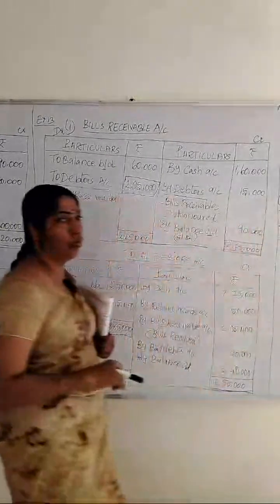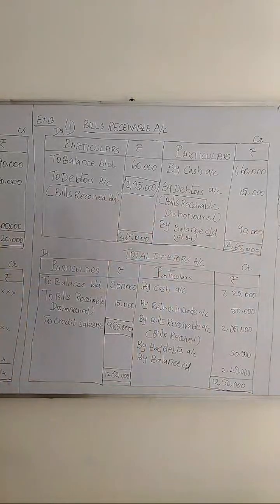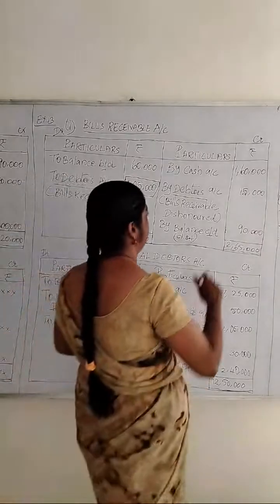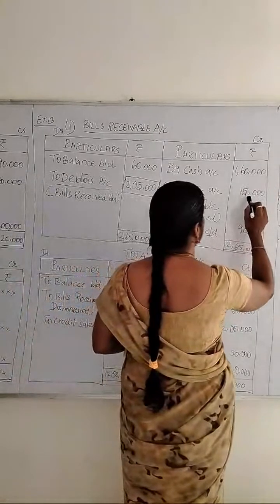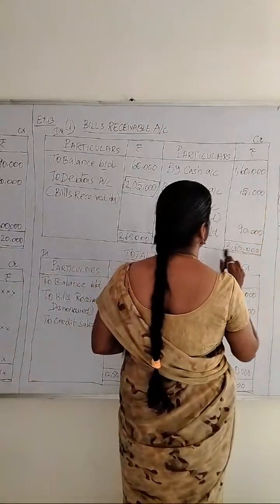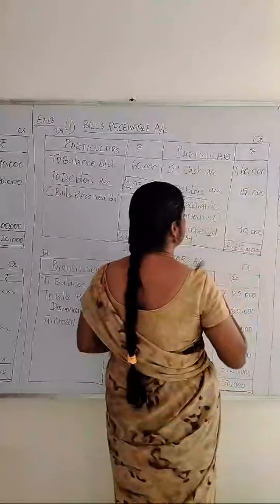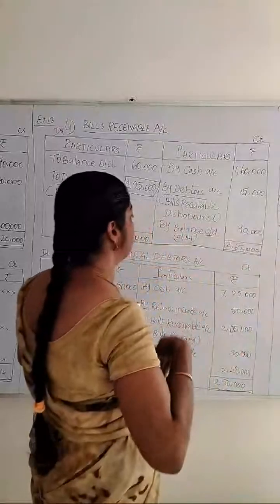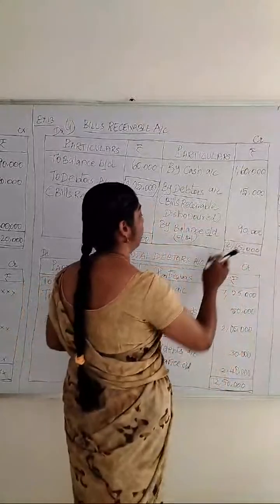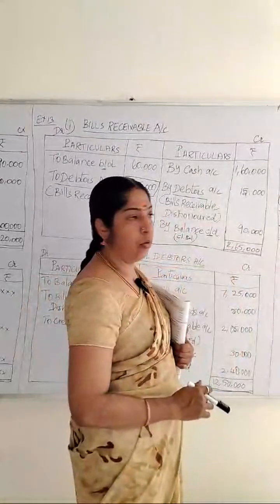So what do we have to do? We are going to total the credit side value. Now we sum up the credit side: 1,60,000 plus 15,000 plus 90,000, you will get 2,65,000. That 2,65,000 is the total. Okay.